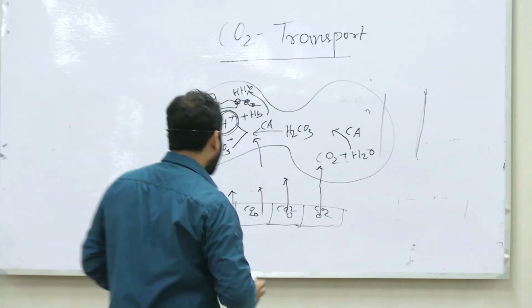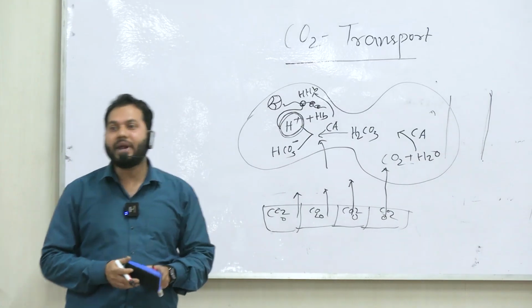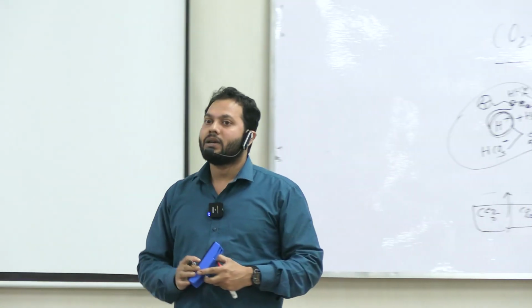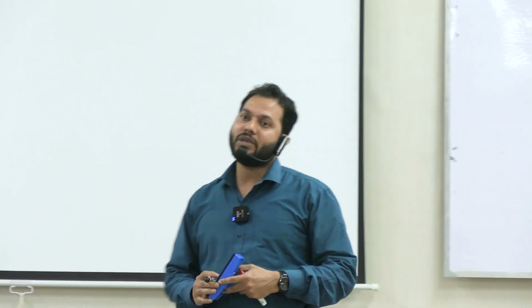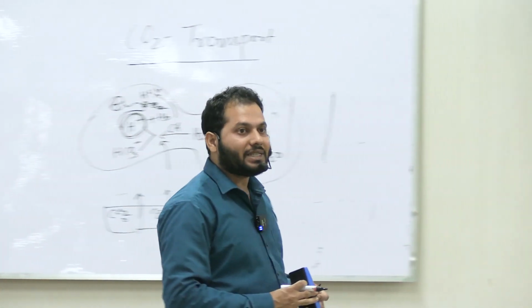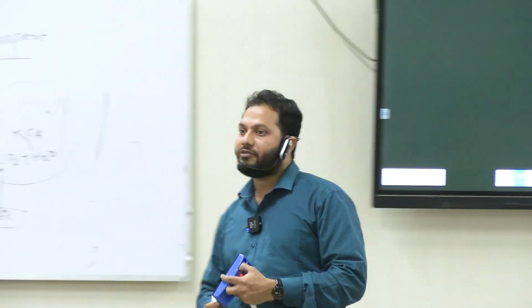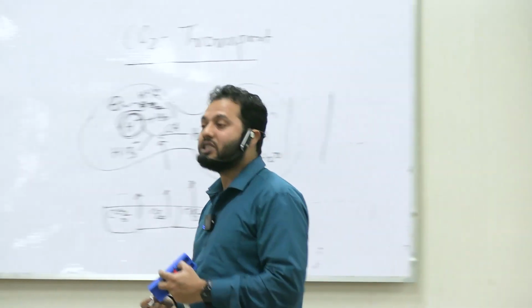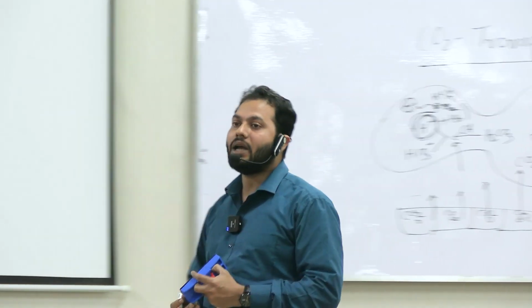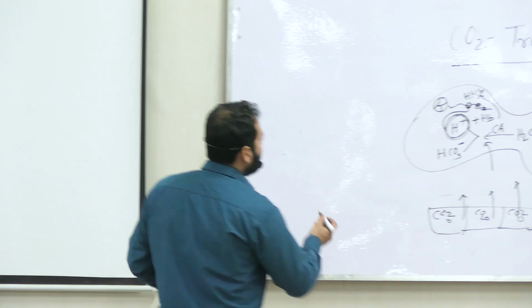So here, to maintain the pH, if you see the cell membrane of RBC, in the cell membrane of the RBC, there is some exchanger called anion exchanger. So this anion exchanger is involved with the exchange of two different anions, that is chloride ion and bicarbonate ion, right?